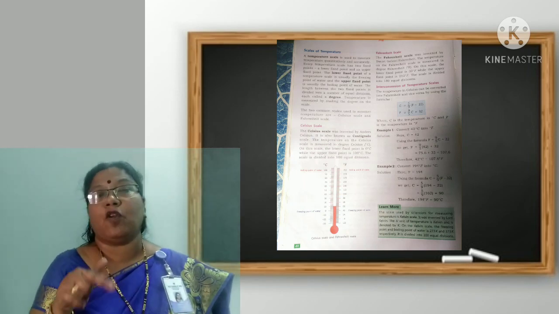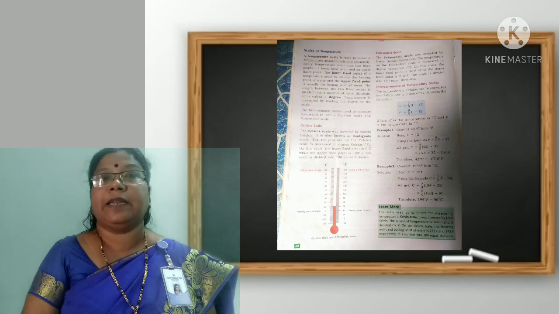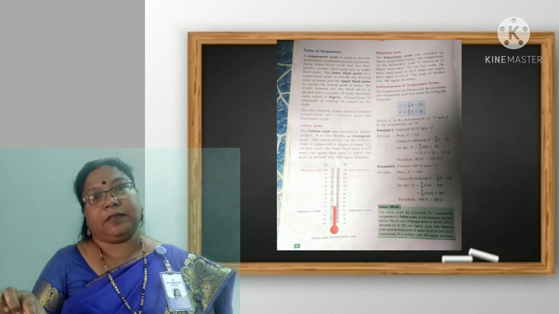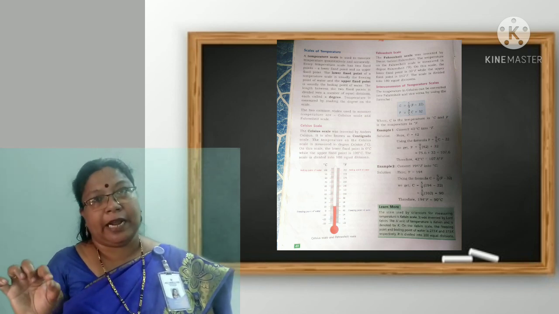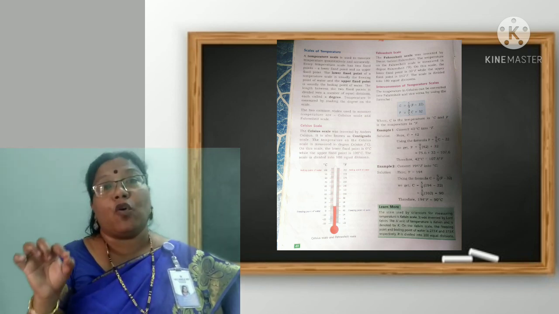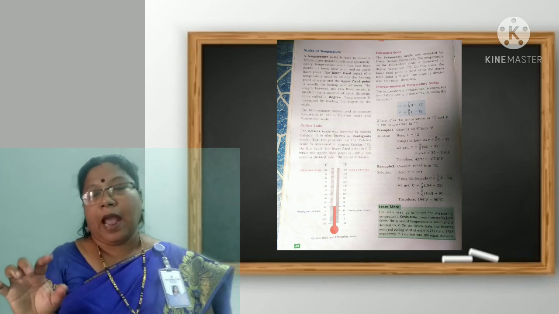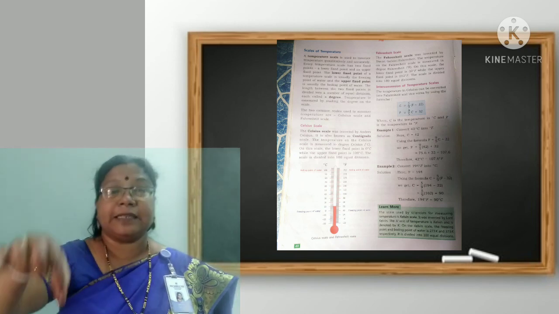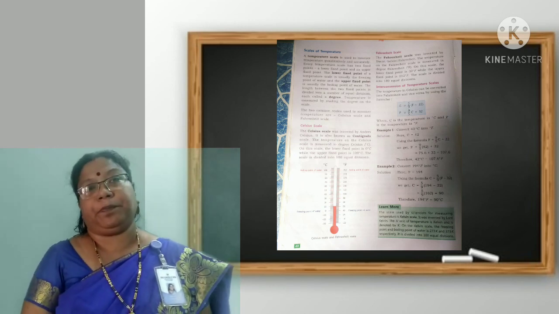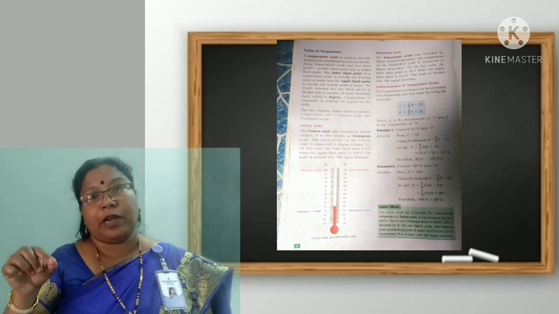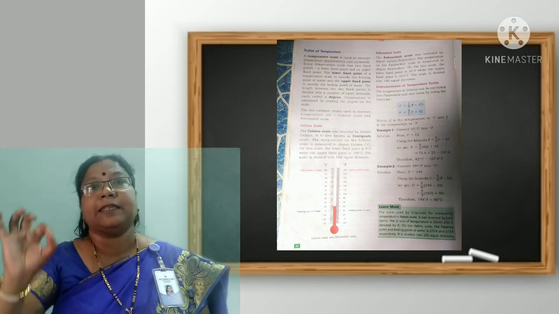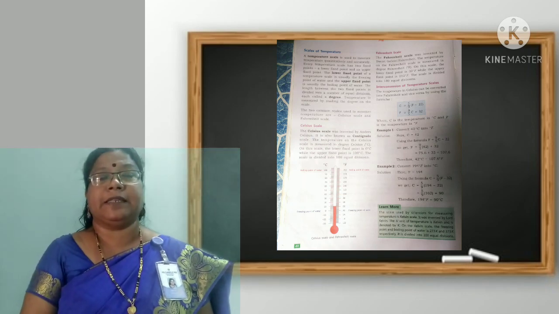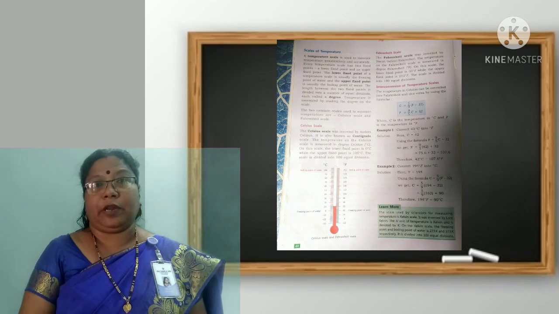So you know how the lower fixed point and upper fixed point are calculated. First, the thermometer is dipped in ice. The mercury shows a reading there, and that is marked as the lower fixed point. Then the thermometer is taken, cleaned, and kept in boiling water. You can see the mercury rising up, and the point it reaches is taken as the upper fixed point.